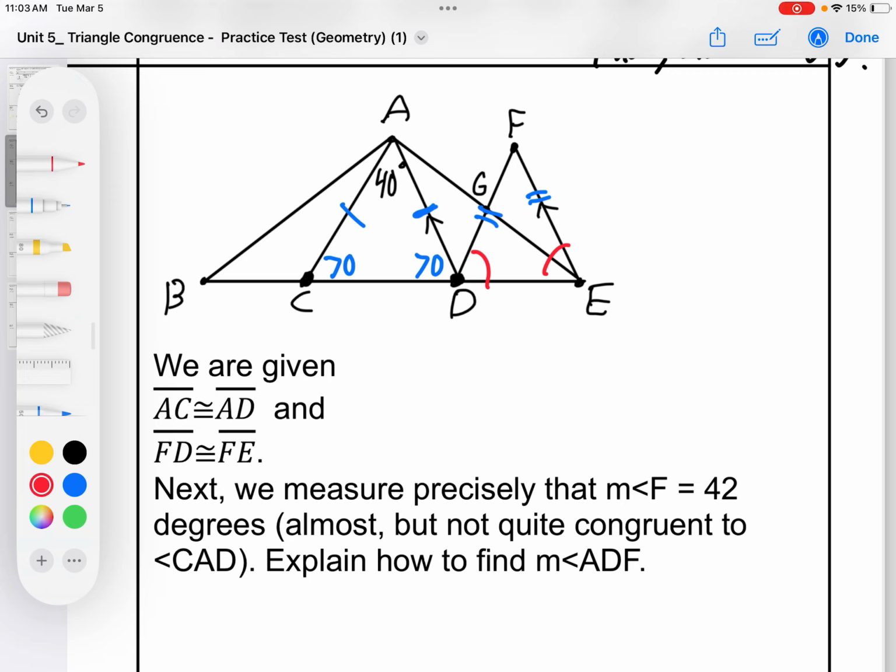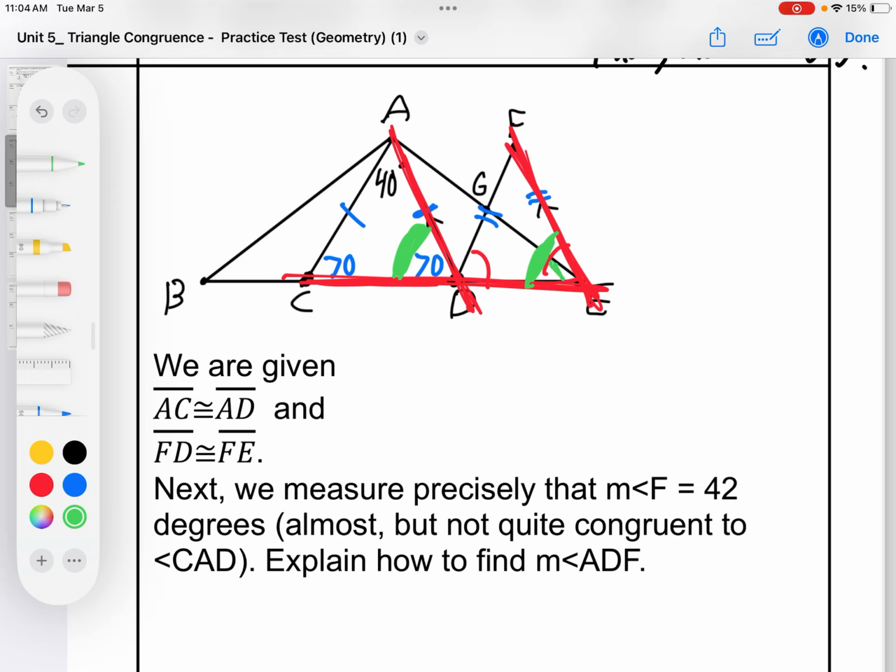Because these lines are parallel, that means that this green angle and this green angle have to be congruent because they're corresponding.